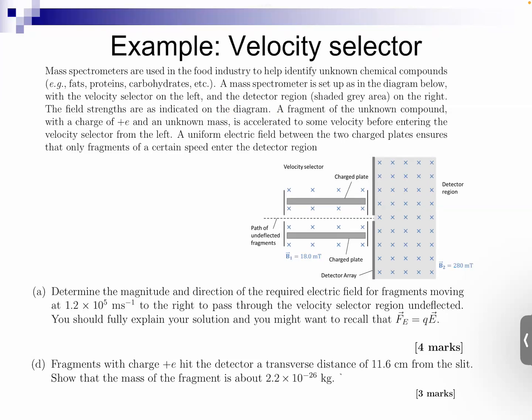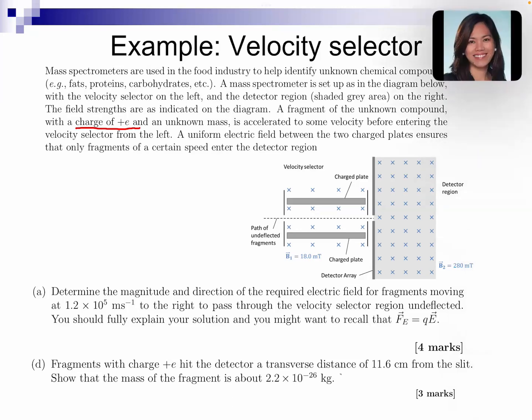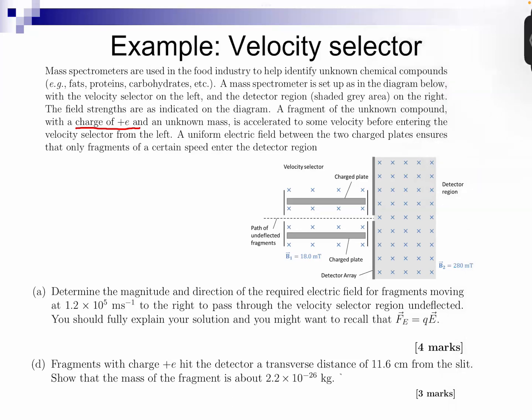The most important information here is that you have a charge of plus E, where E is the elementary charge, 1.6 times 10 to the negative 19 coulombs. The plus E charge goes into the velocity selector, which selects the charges with the correct speed or velocity and lets them enter the detector region.